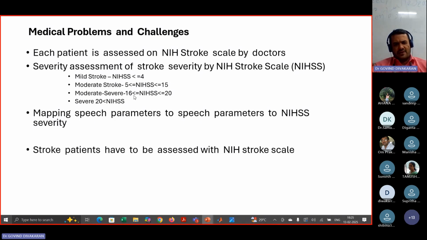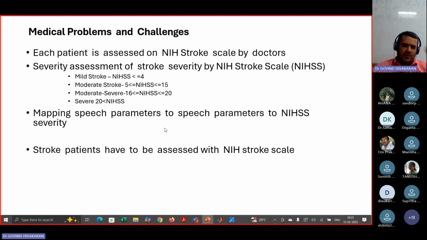If it is between 16 and 20, it is moderate to severe. And if it is greater than 20 and up to 45, okay, maximum score is 45, then that patient is in the severe category. Most of the cases, based on our experience, if the patient has more than 20 NIHSS score, he will not be able to speak properly.